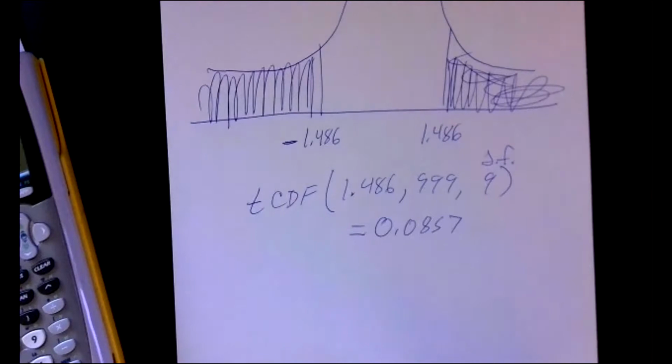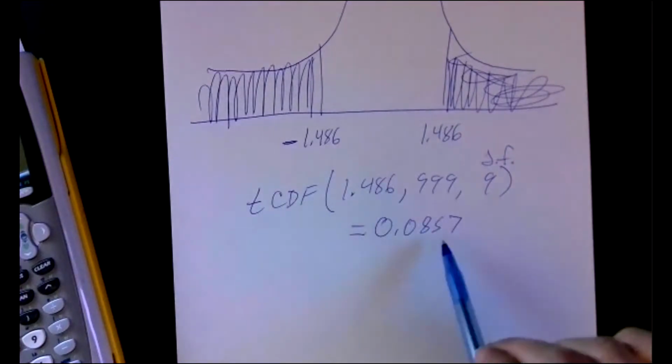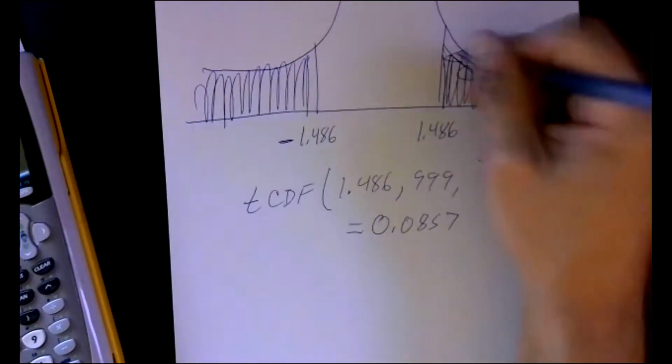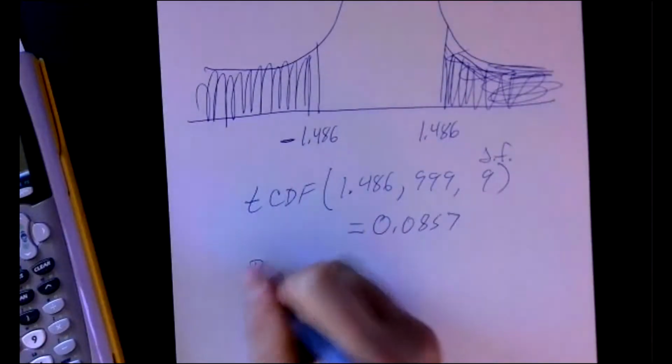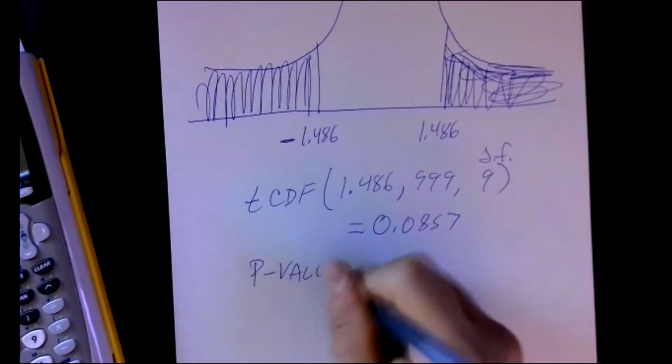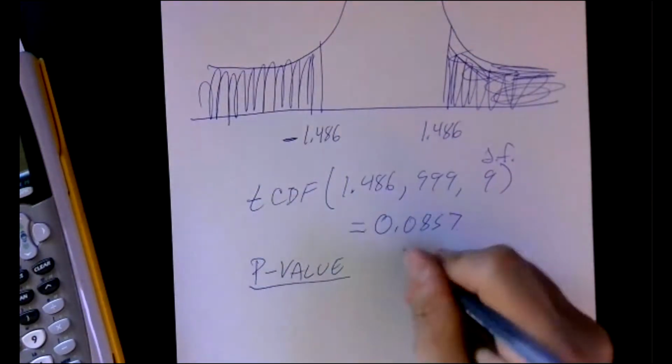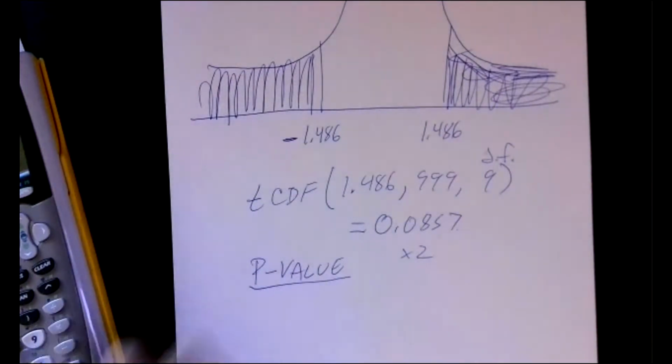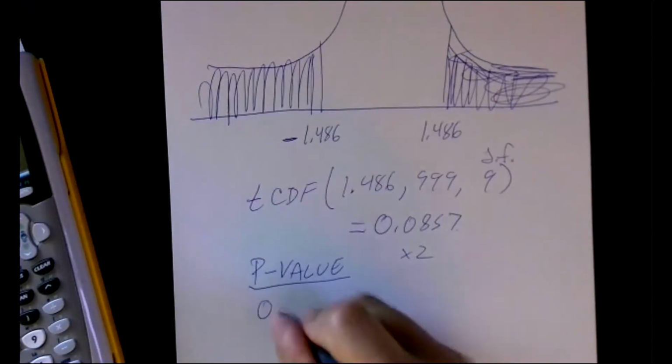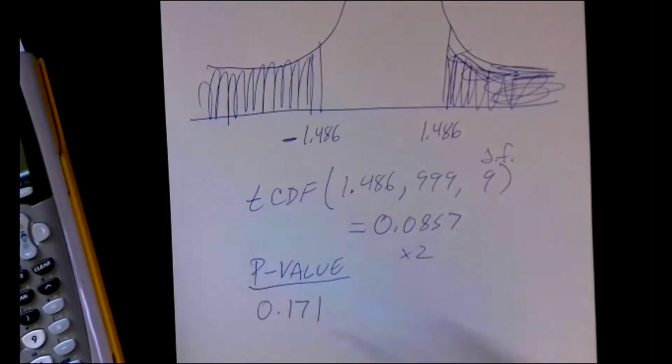0.0857. This is not the p-value. This is the area in this tail. The p-value is the area in both tails. So we have to take this number and times it by 2. 0.171.